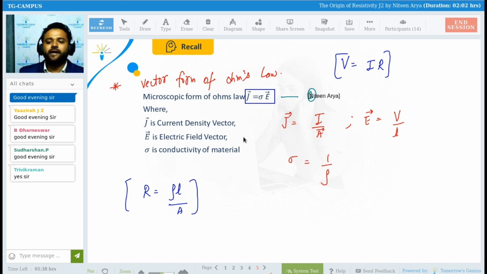Clear everyone? And those who are not getting how we can prove that, please go and watch the previous lecture. Clear everyone? In the previous lecture, I derived this in detail also.